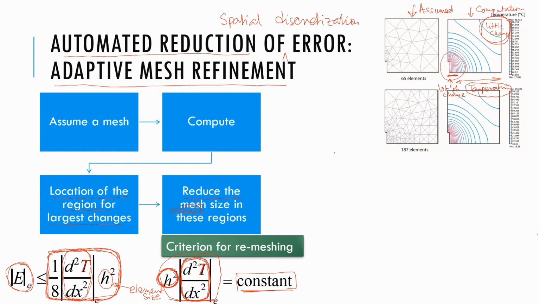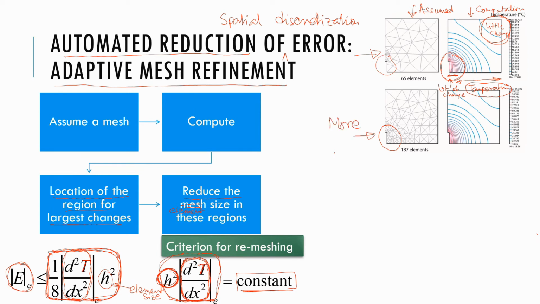We started from this one, and then based on the calculations, I can find an estimate of error, and wherever there is more error, I put in more elements. So you see, compared to here, here it's more.